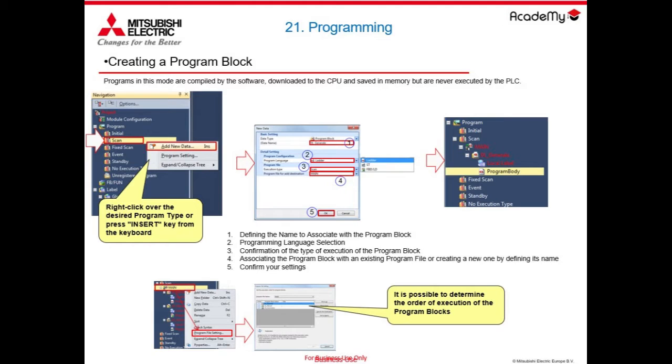We have already partially seen, as we said in the second part of the course, how to create a block or a program. Let's quickly repeat the steps. Above all, we will quickly create a new GXWorks 3 project again.